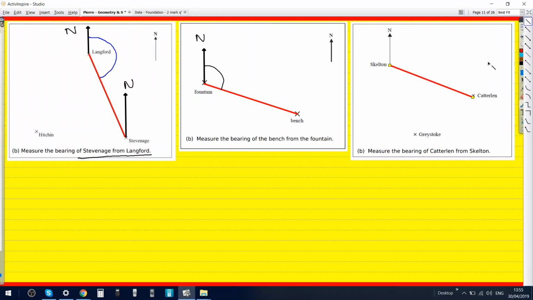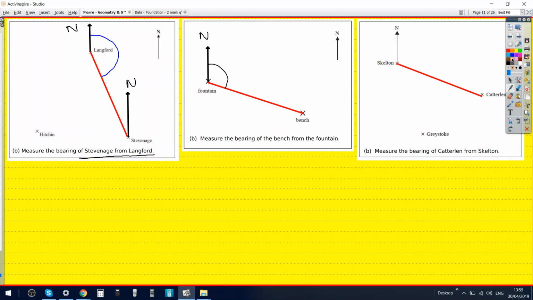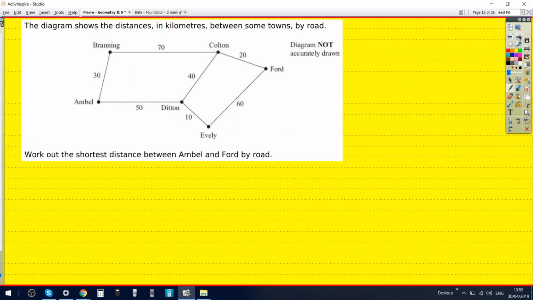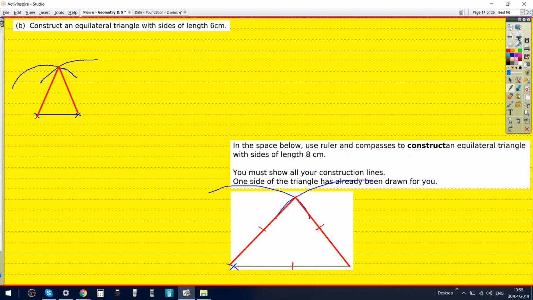So you get your protractor, put the point 0 on the north line, and measure it down until it hits the line. And then it's 3 significant figures. Well done. You're okay for that? Yes, I think so.